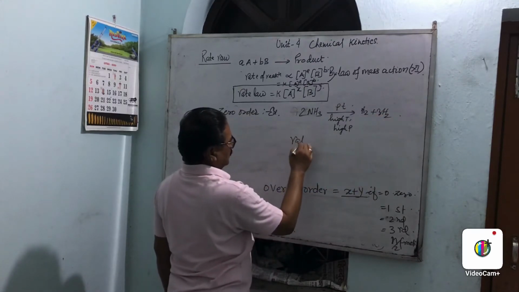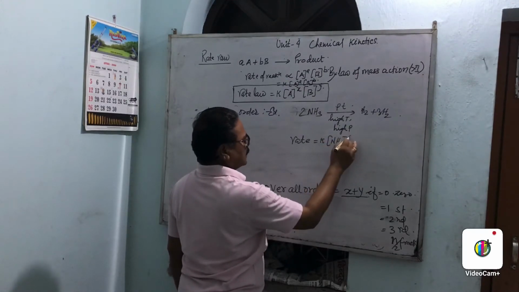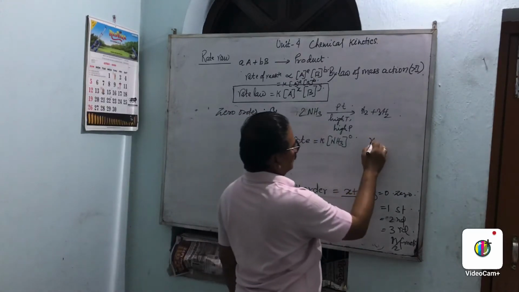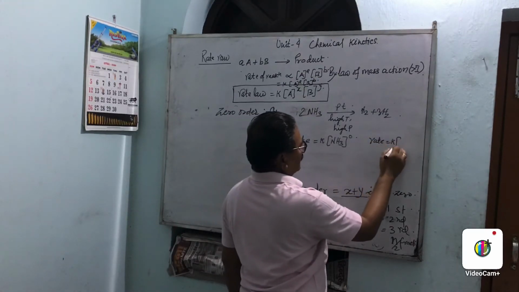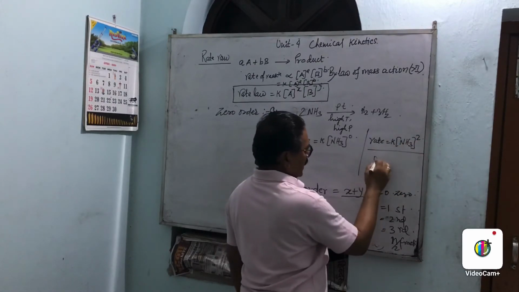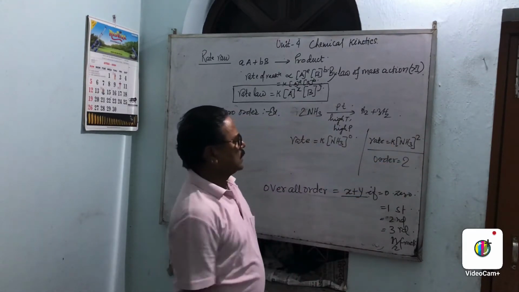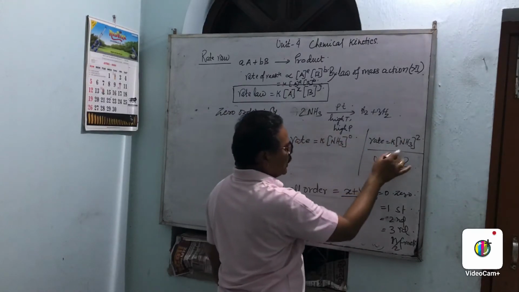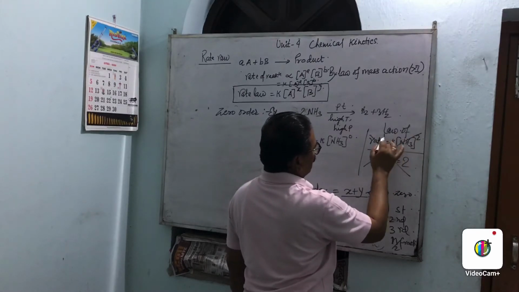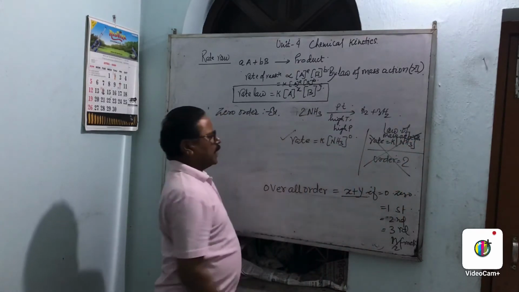Its rate is written as rate equals k [NH3]. If we write the rate like this and somebody asks you to write the order of that reaction, we would write 2. But if we write the order in that way, it is wrong, because that would be by the law of mass action. It is an experimentally determined fact.